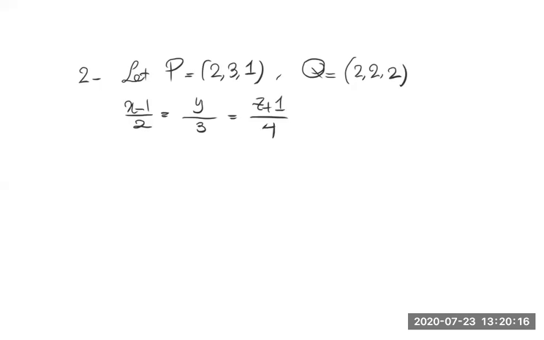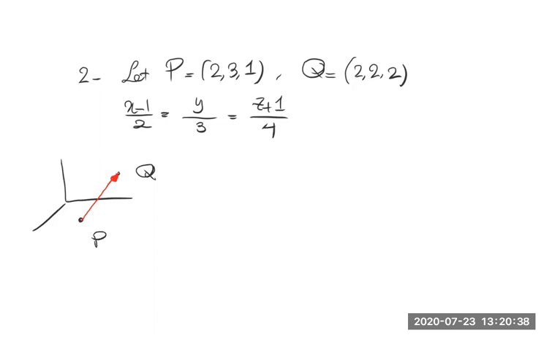Okay, let's find out the line which passes through P and Q. First of all, we have P and we have Q. I'm just putting these points randomly. We can look at the vector which goes from P to Q. That would give us the direction of the line, right?